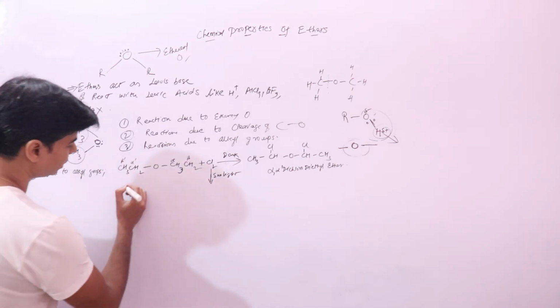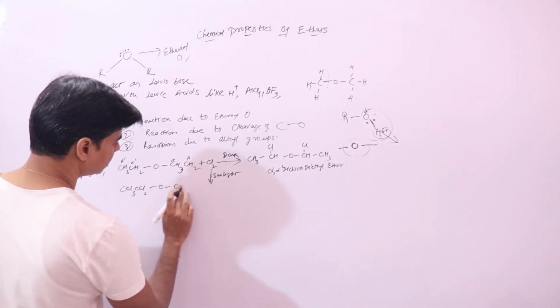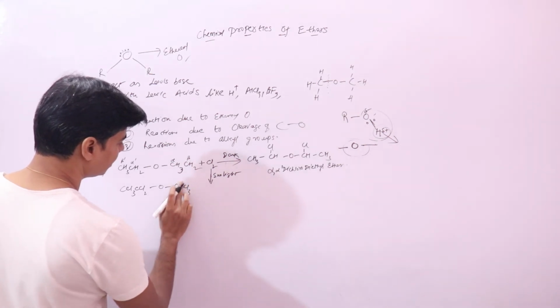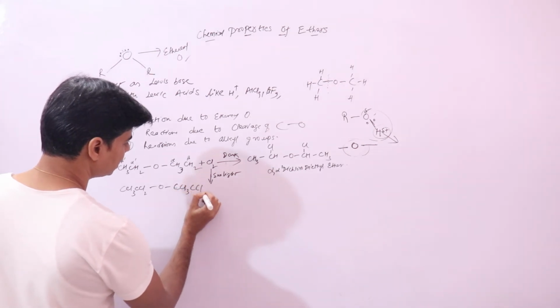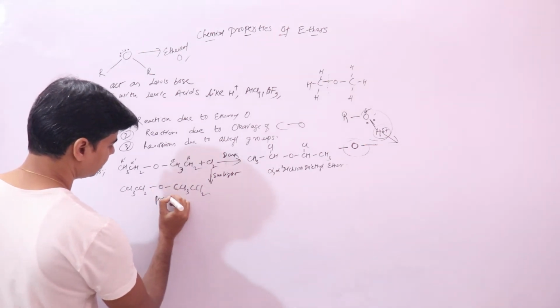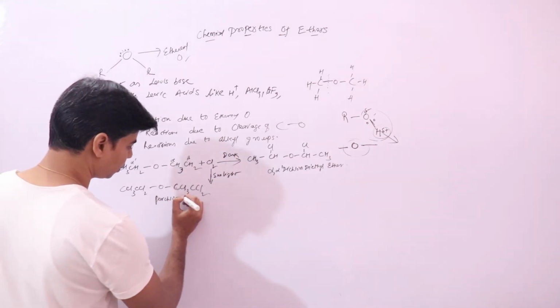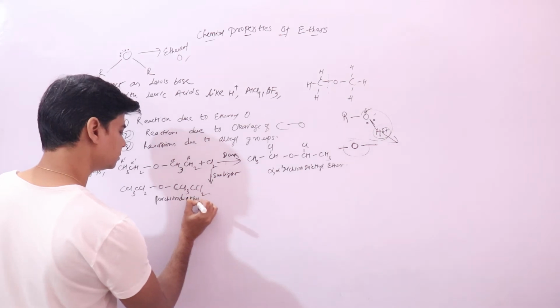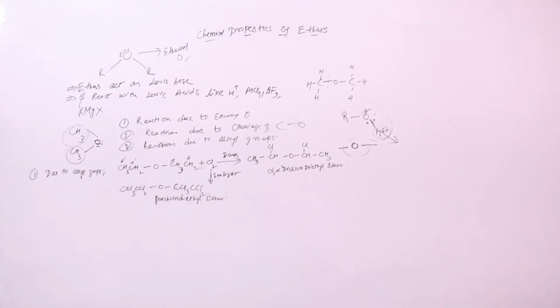When all the hydrogen atoms are replaced, it would be CCl3, CCl2, oxygen, and again CCl3, CCl2. Now this is your perchloroether, where all the hydrogen atoms are substituted by chlorine atoms, perchlorodiethyl ether. Right, I hope this is clear.